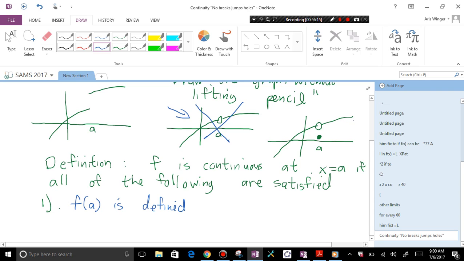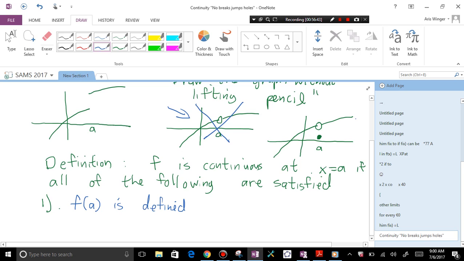Couldn't you just define it in one sentence, saying that the limit as x goes to A, like for every point on the graph, the left limit and the right limit are equal?